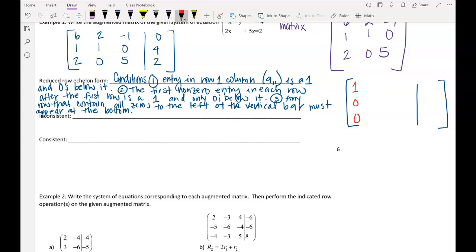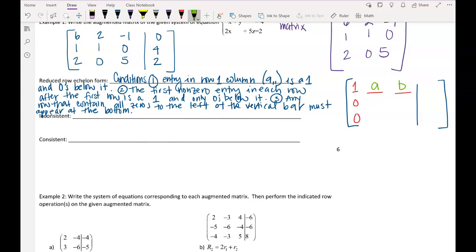Then if I were to do 3 columns, right, so these 2 spots right here, those 2 spots can be anything it wants to be. So you don't have to have a 0, you don't have to have a 1, you can have any number you want, okay? So let's call it A and B.